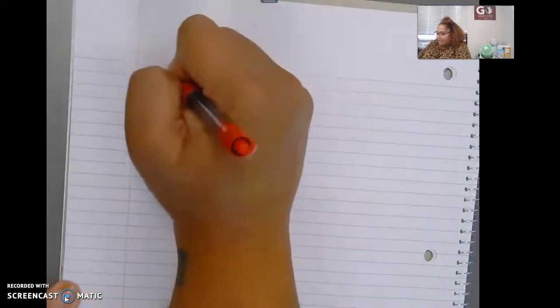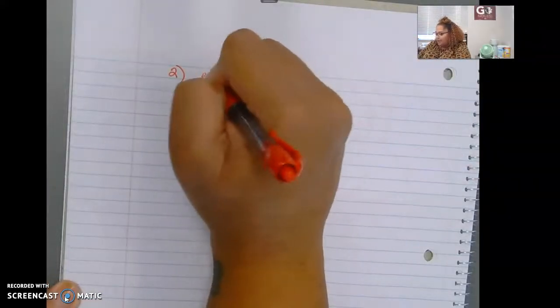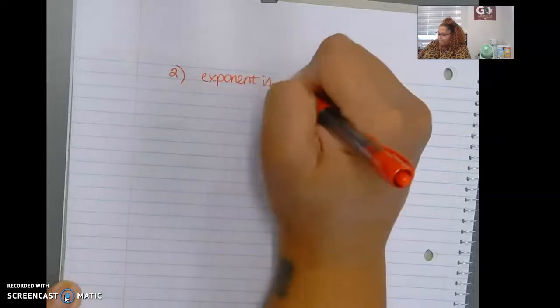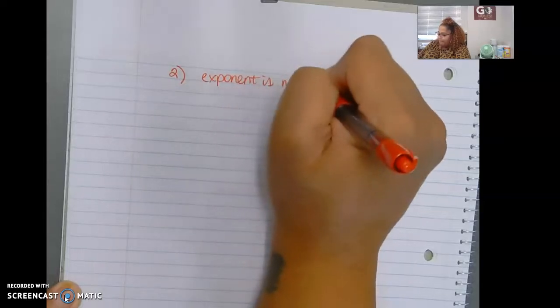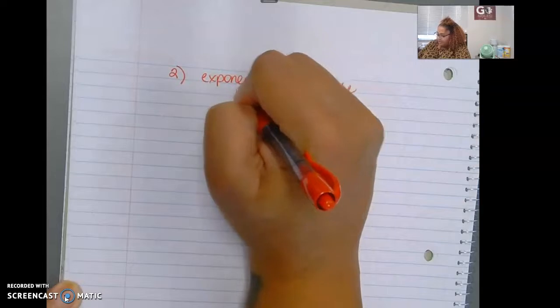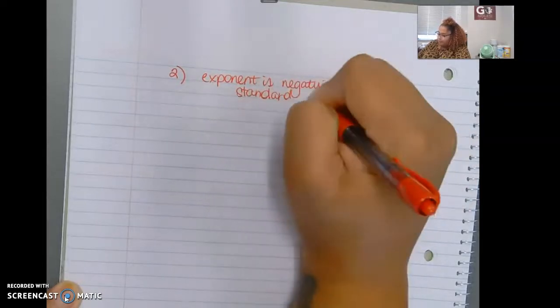All right. Going on to question number 2, where it says standard notation and scientific notation. Remember, if your exponent is negative, the standard number is less than whom? Good.